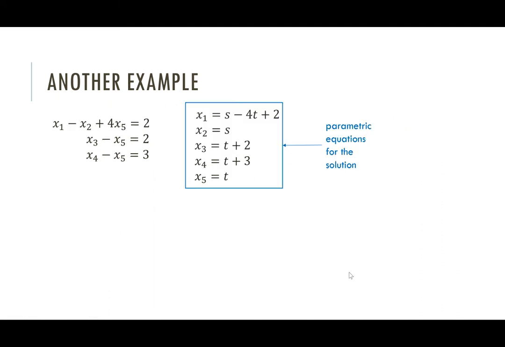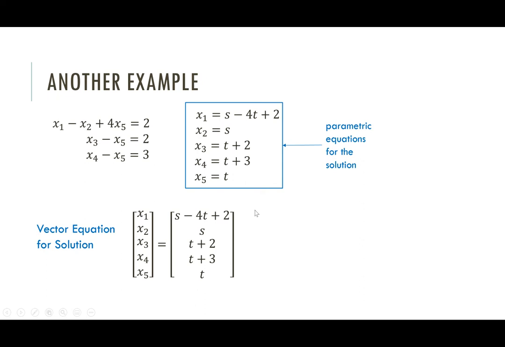All right. We've got our parametric equations. Let's translate that into a vector equation. So we start just like we did before. We make a vector of our unknowns and then a vector of the right-hand side, set them equal, and then we separate parameters from the constant, and we'll separate the parameters from each other.